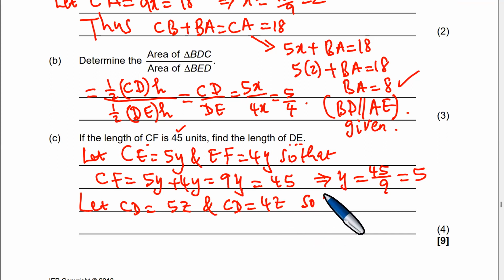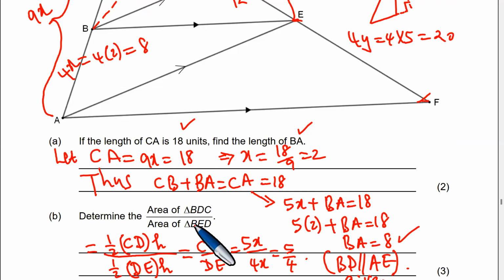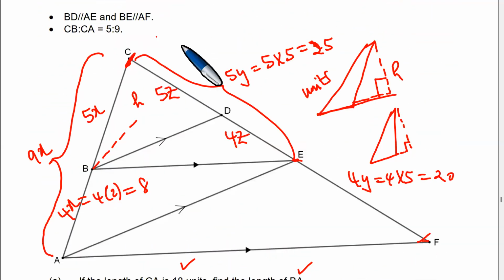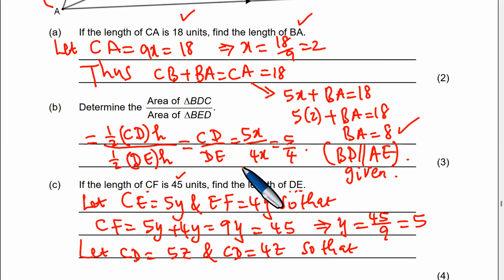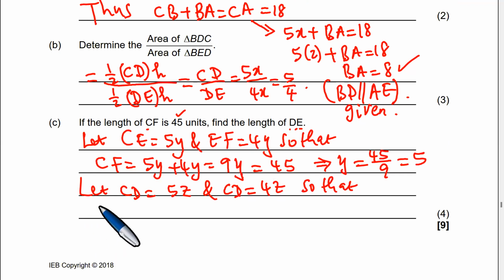Let them be like that, because when we add them up, we already know this whole thing is 25, CE. So CE, 5Z plus 4Z is equal to 25.